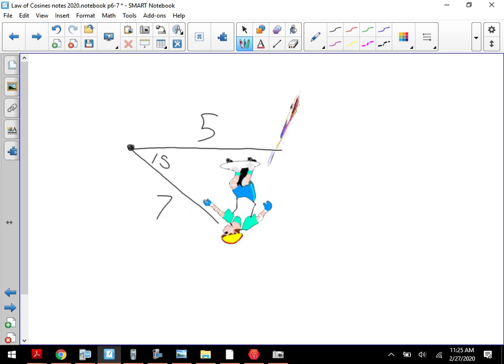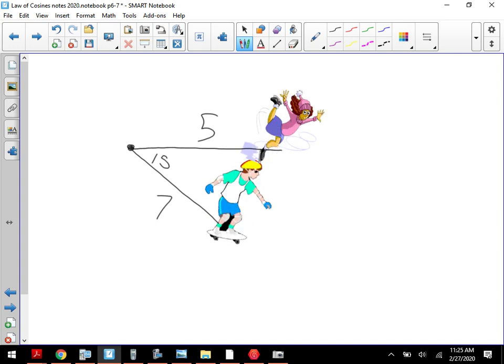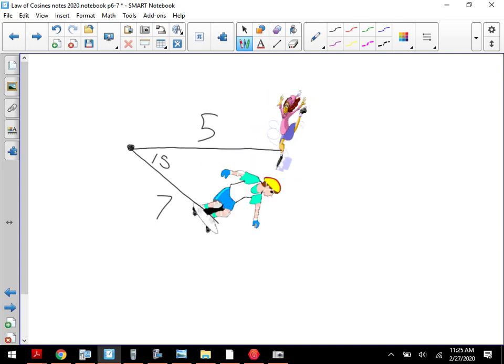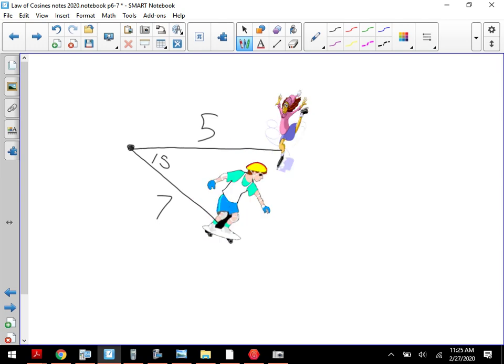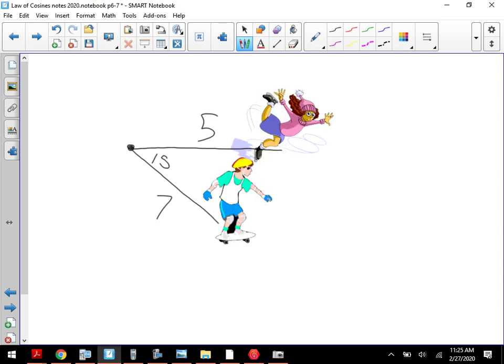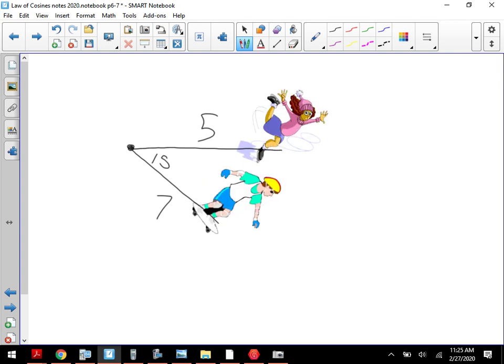I don't know who's Jackie and who's Peter. Well, whatever. All right, so Peter's the guy on the skateboard. Jackie is twirling away. What we need to figure out then is how far apart they are.